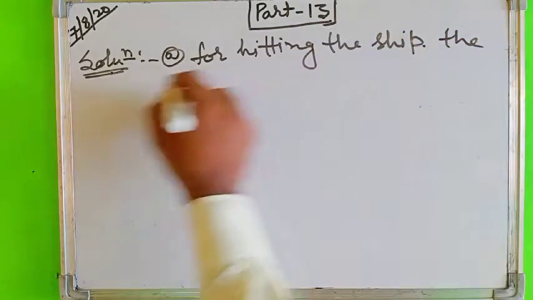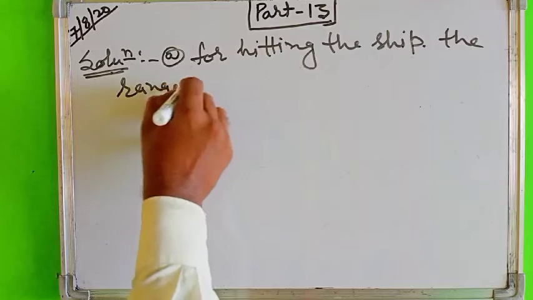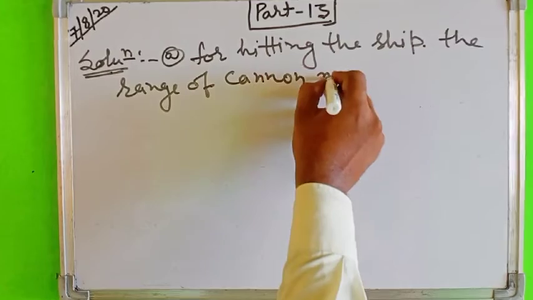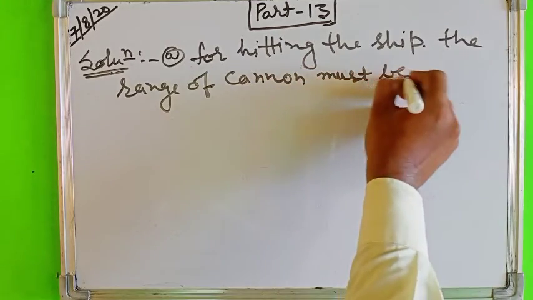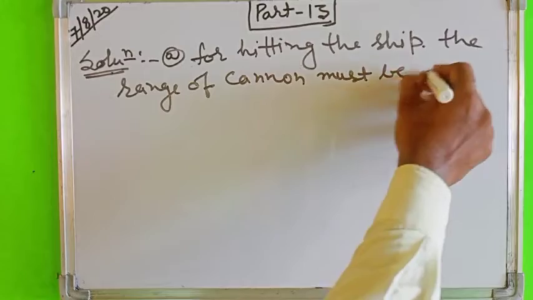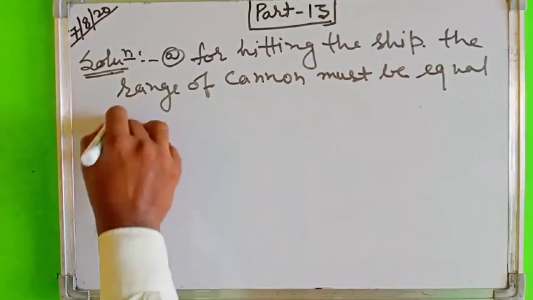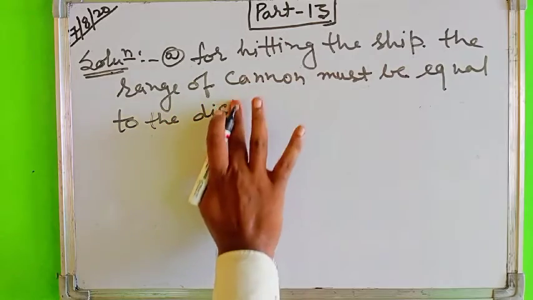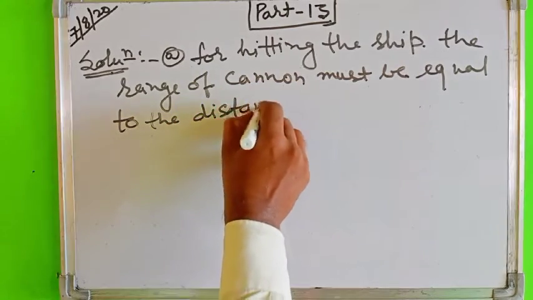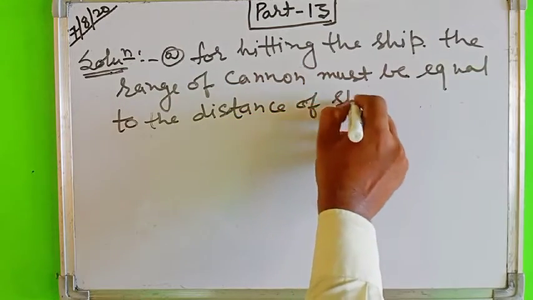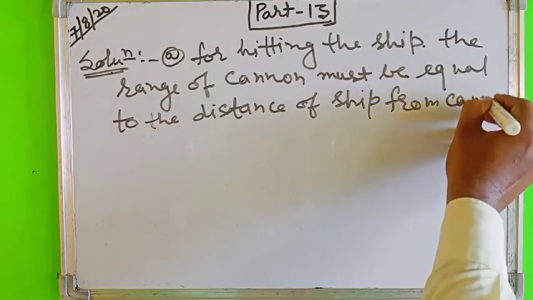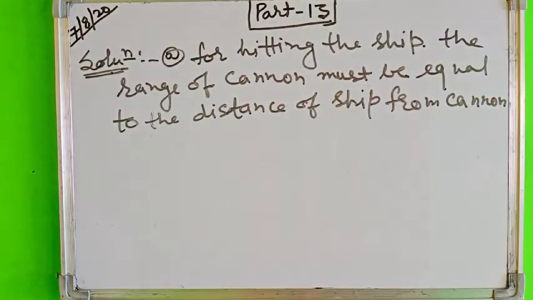the range of the cannon must be equal to the distance of the ship from the cannon.